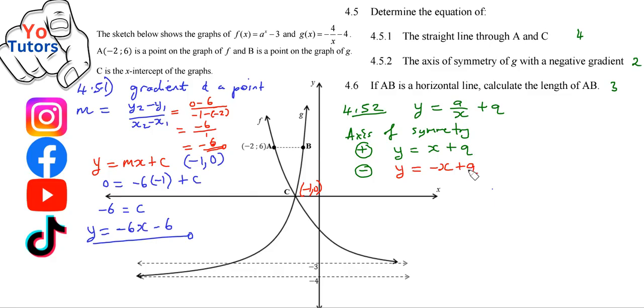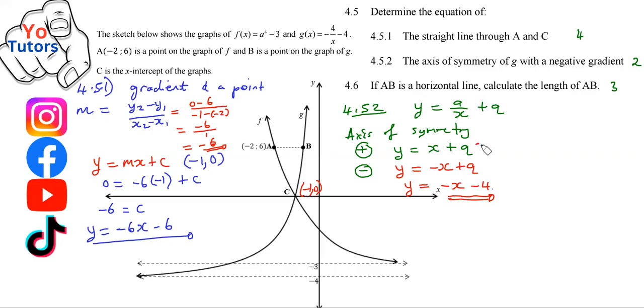Now, what is the q? Q is the asymptote. Which asymptote do we have here? In our graph of g, we can see that the asymptote is -4. So the equation is just going to be y equals -x - 4. So that's the equation that they are looking for here. Okay.